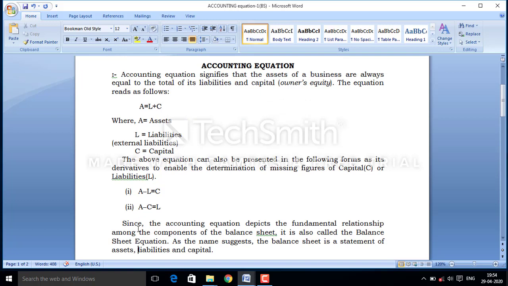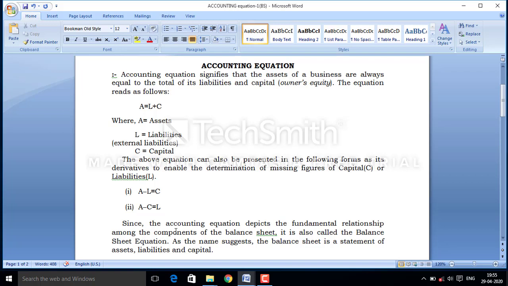So therefore, while preparing accounting equation, the fundamental relationship among the components of the balance sheet is known as accounting equation, because if there is no relation among the components of the balance sheet, then it is quite impossible to make the equation balanced.